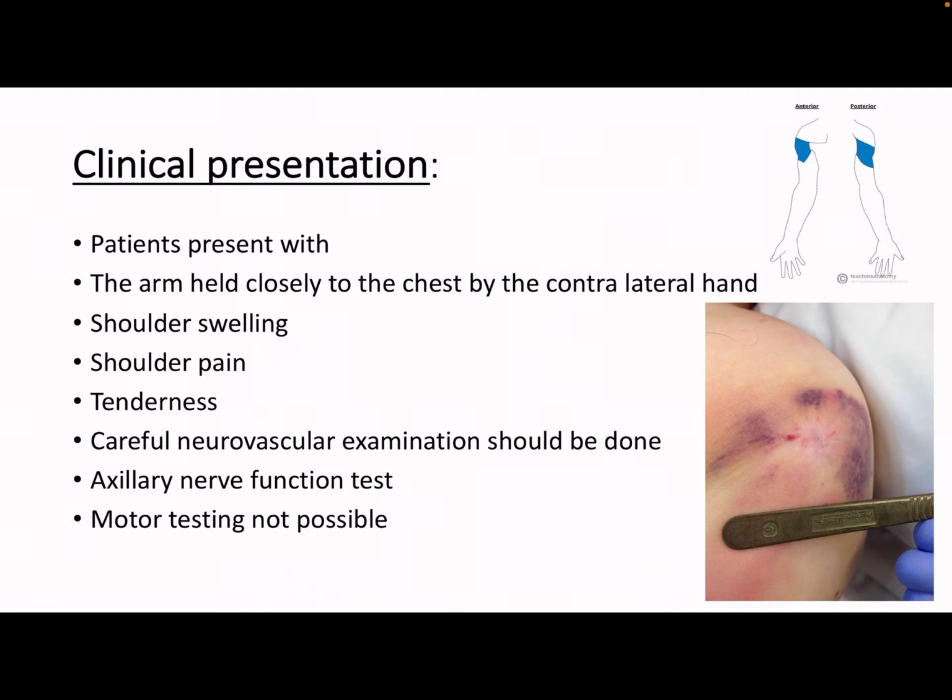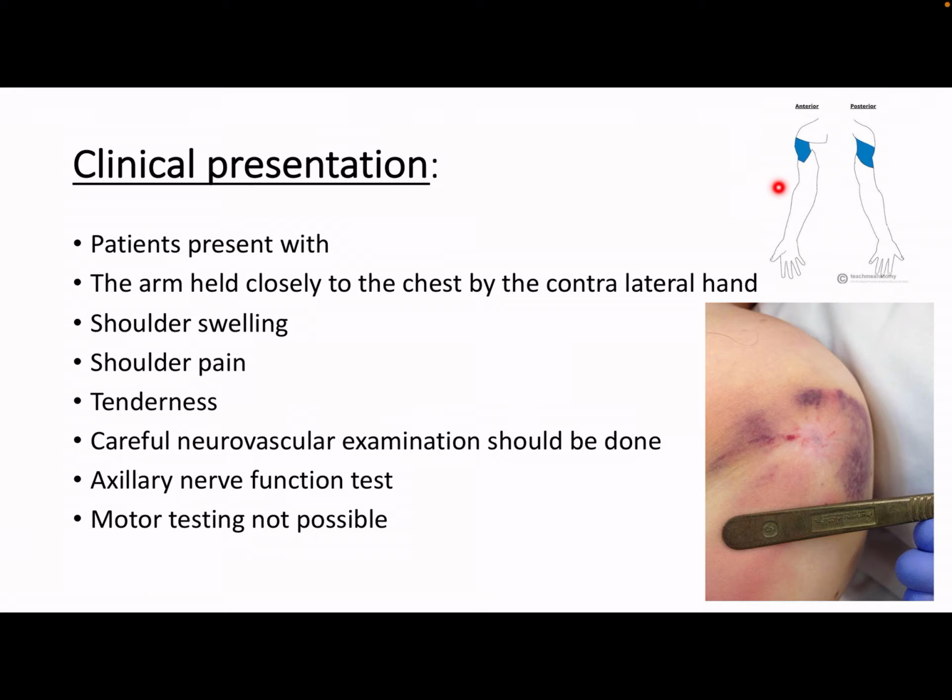Now how is the person going to come to you? Patients present with the arm held closely to the chest by the contralateral hand. There can be swelling, pain and tenderness. These patients need a very thorough neurovascular examination, so their axillary nerves should be tested. How do you check the axillary nerve?